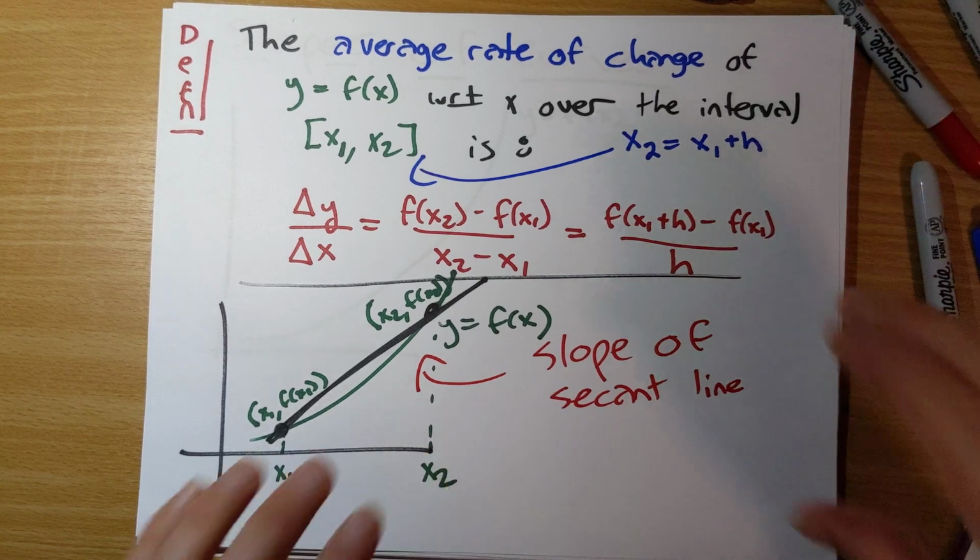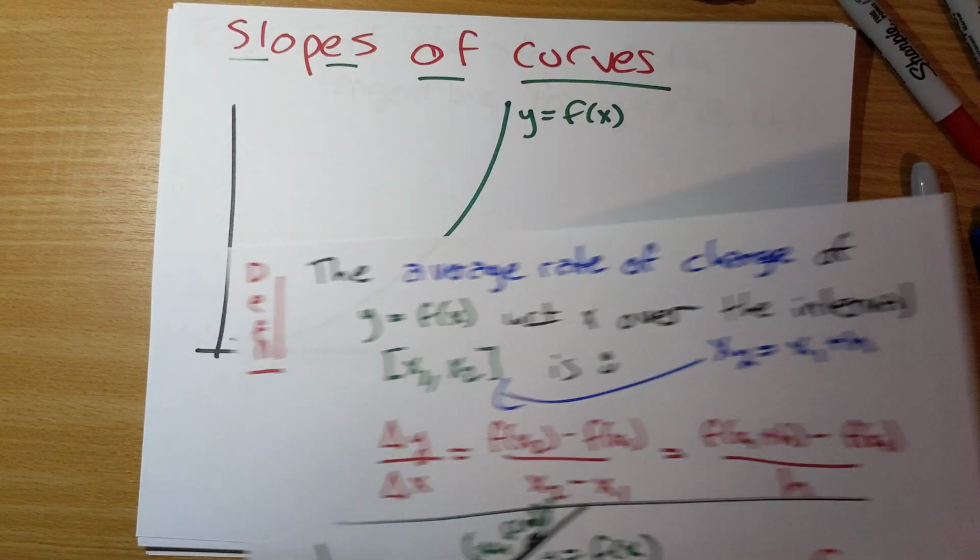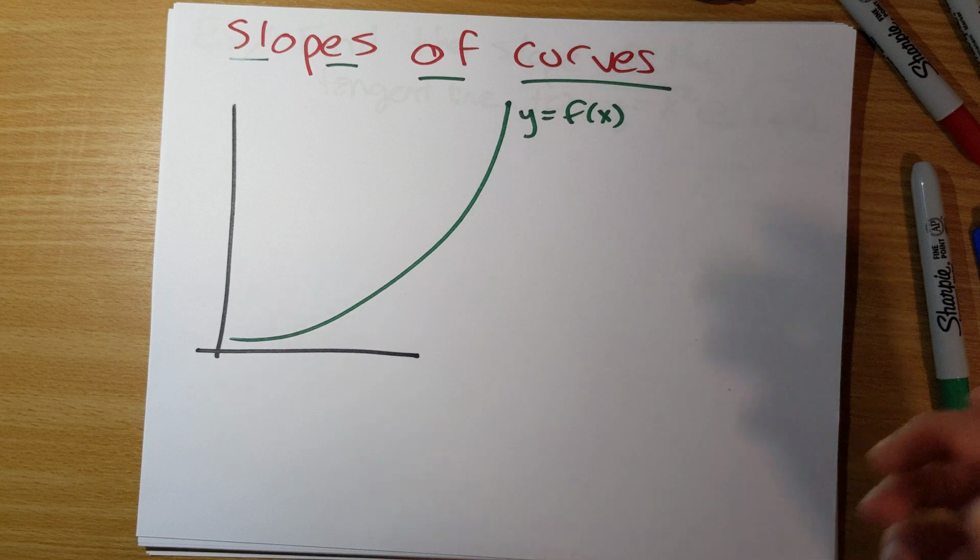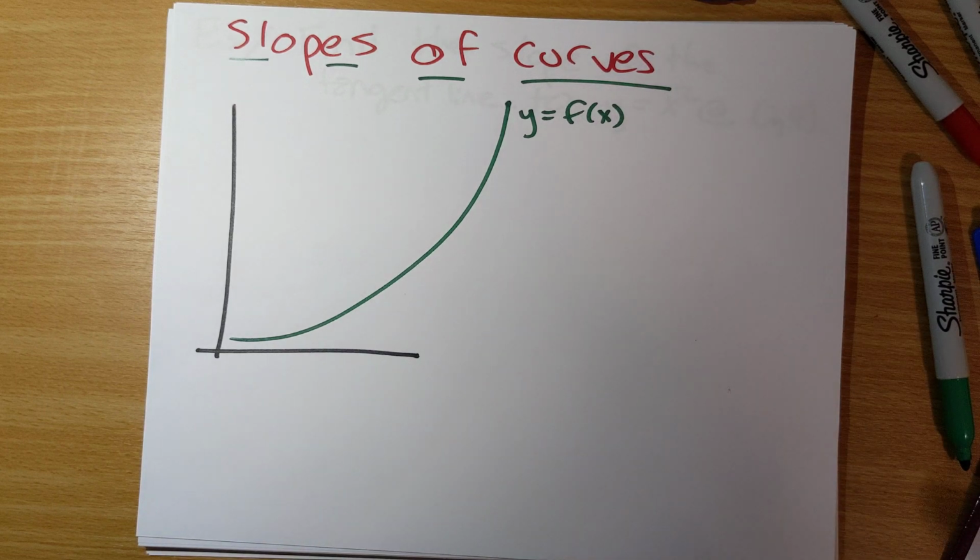Well, let's move from the slope of the secant line to trying to figure out the slope of the curve itself.